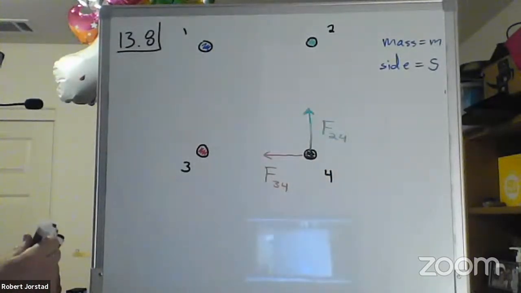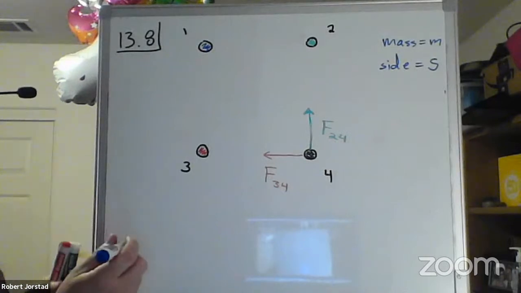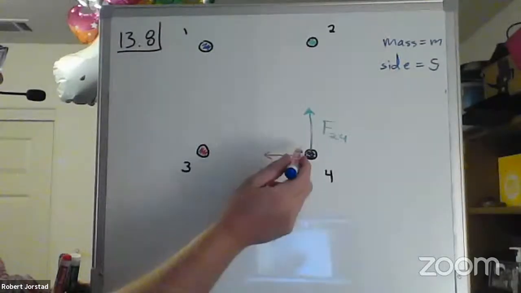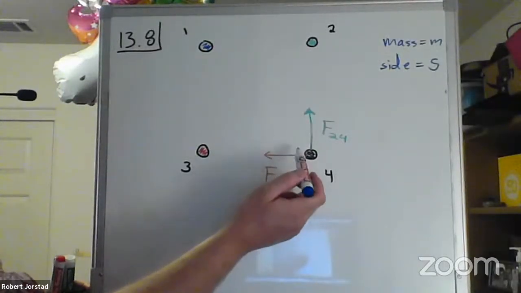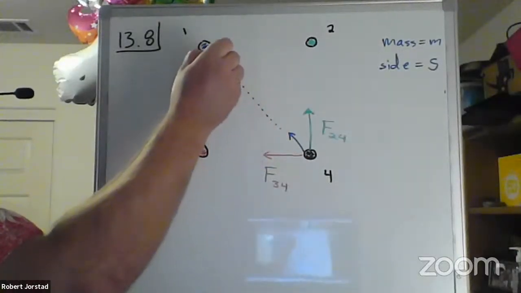Okay. How about 1 on 4? Splits the 2. Okay. Should it be bigger or smaller or the same size? What do you think? A little bit smaller. Yeah, it's the same mass. It's more distance. It's going to be about half the size. You might say, how do I know it's half the size? Well, how much bigger is the radius?